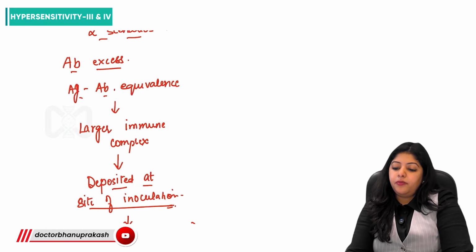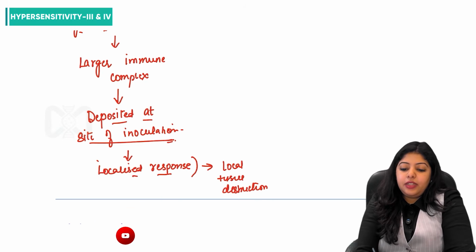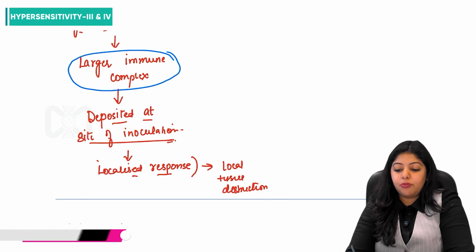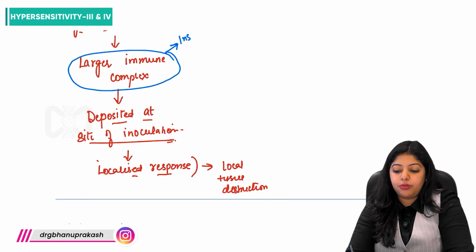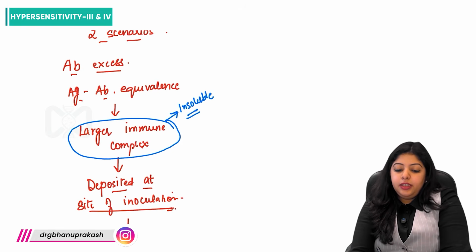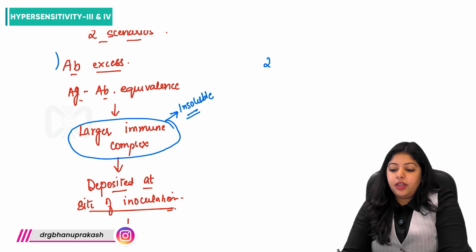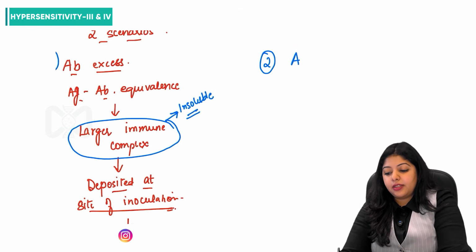Now, these large immune complexes, you must remember, are insoluble, right? So the other scenario is when there is antigen excess.